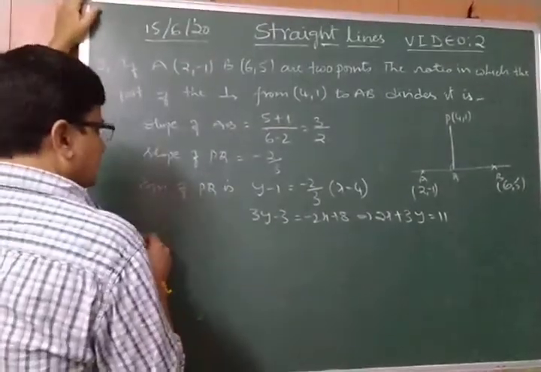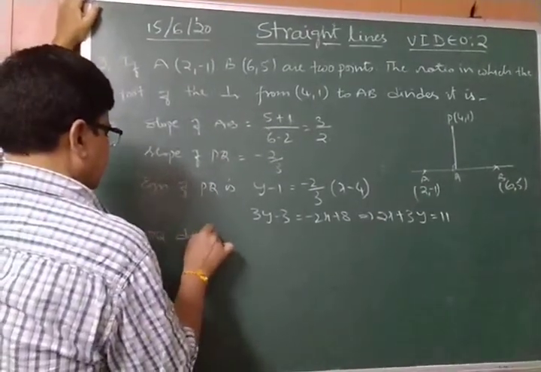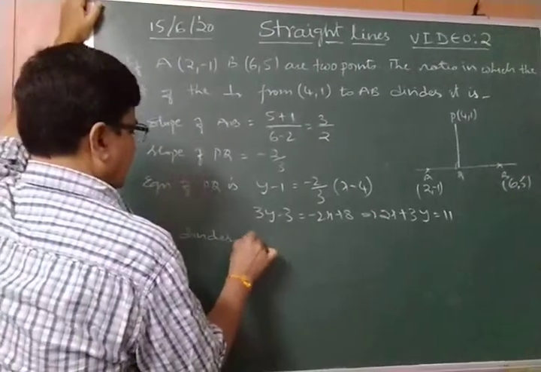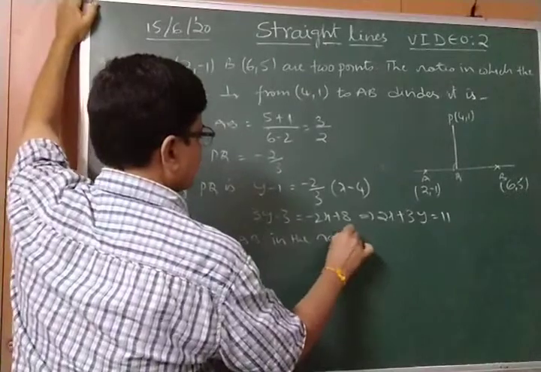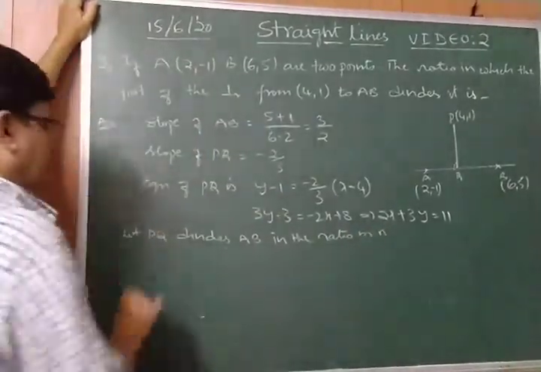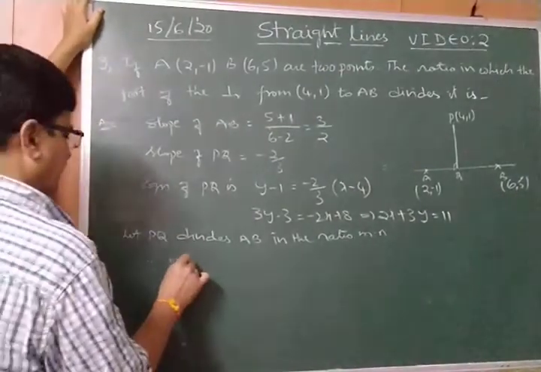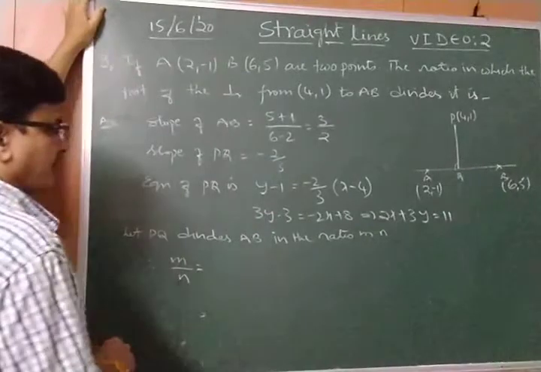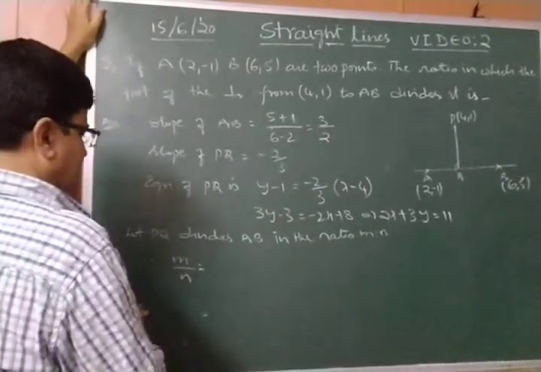PQ divides AB in the ratio m is to n. Let PQ divide AB in the ratio m is to n. So m by n is equal to L11 by L22, the ratio.